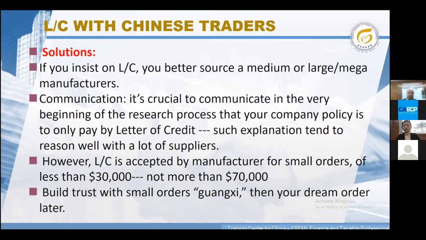That's the implication. Communication is also important. Right from the beginning, tell your supplier that your company itself requires a certain method, like letters of credit: you ship the goods, and then later you get paid. It makes sense in China, because a lot of companies have policies.